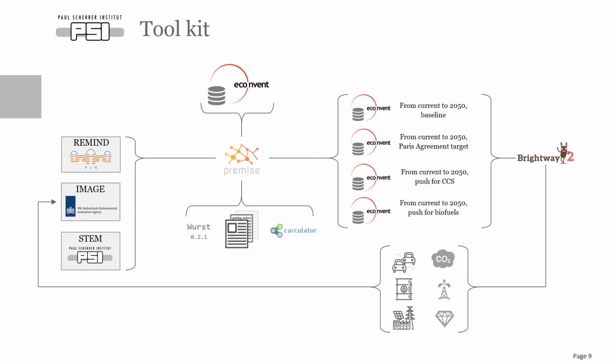Some of the tools Premise will use are Wurst, which is also developed by our colleague at PSI, Chris Mutel, to allow for the fast handling of databases in the form of Python dictionaries.